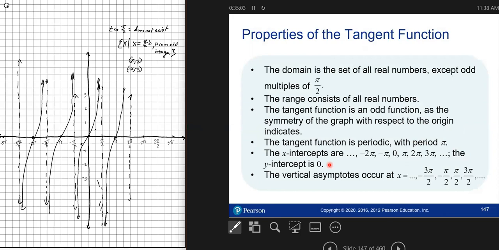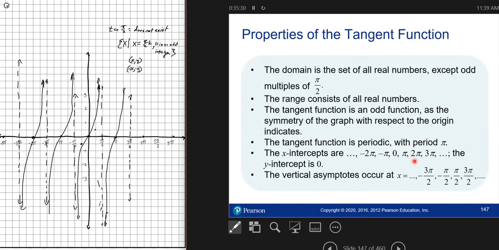The x-intercepts are at the integer multiples of pi: negative 2 times pi, negative 1 times pi, 0 times pi, 1 times pi, 2 times pi. So all the integer numbers being multiplied by pi. And the y-intercept is at 0. (0, 0) is where it crosses the y-axis.